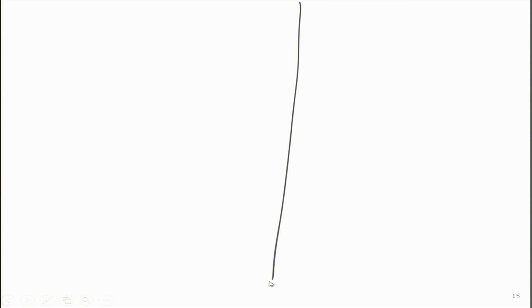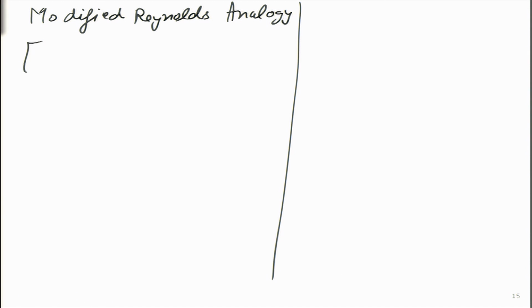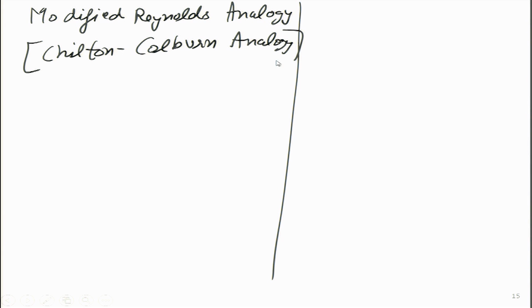So, formal name for that is the modified Reynolds analogy, and it is also known as the Chilton-Colburn analogy. It is simply given as Cfx is directly a function of Nusselt x with two constants over here.